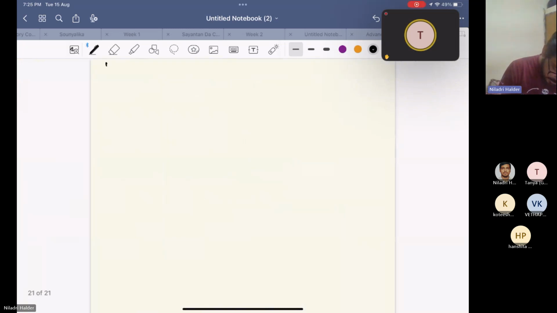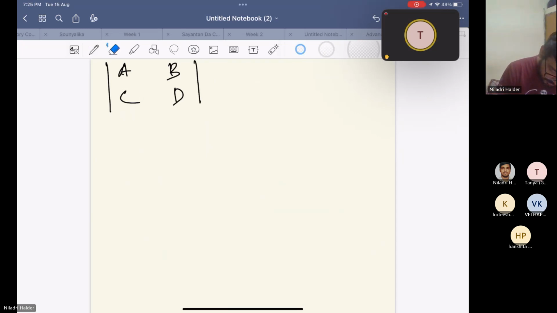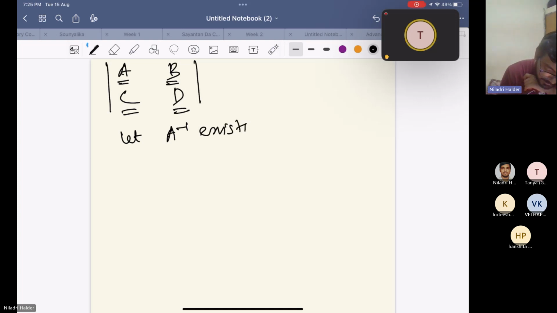Suppose there is the determinant of the block matrix A, B, C, D. We need to find the determinant of this matrix, where A, B, C, D are all matrices. Now let A inverse exist, that means A is invertible.